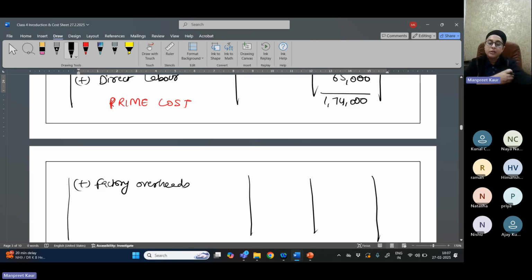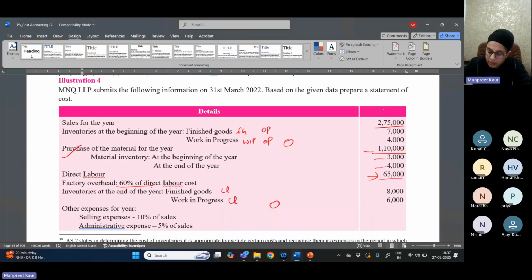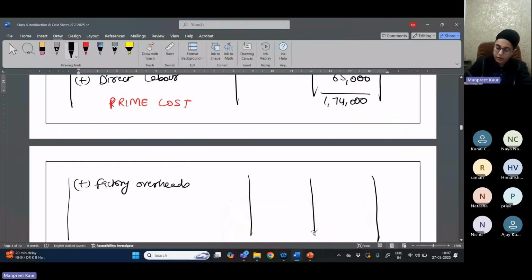Factory overheads are in the question, it is 60% of direct labor cost, and opening WIP is 4,000 and closing WIP is 6,000. Factory overhead is 60% of direct labor cost, which is 39,000.